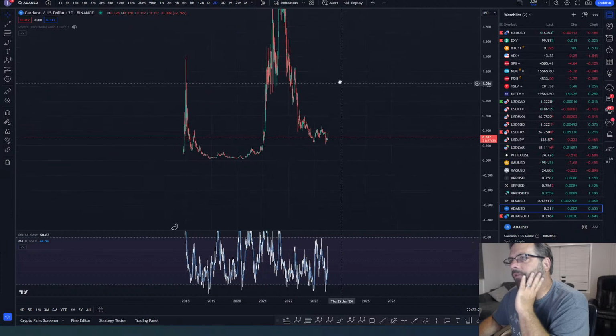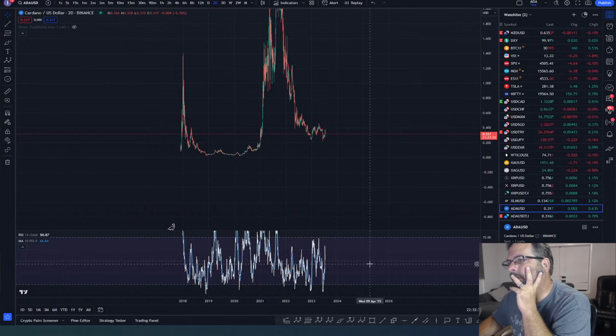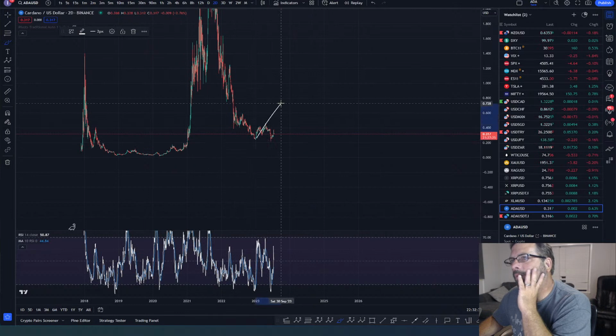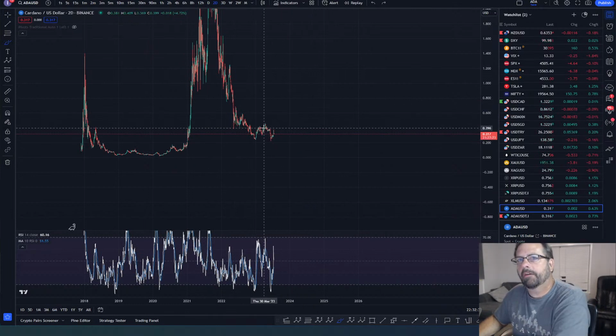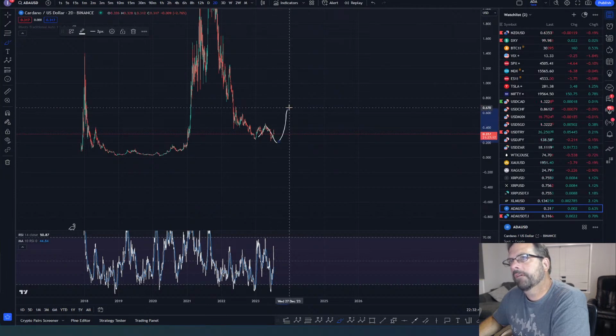So looking at overall ADA's price action here. If ADA wants to go boom, oh come on, jumping here. 3, 3, 5.